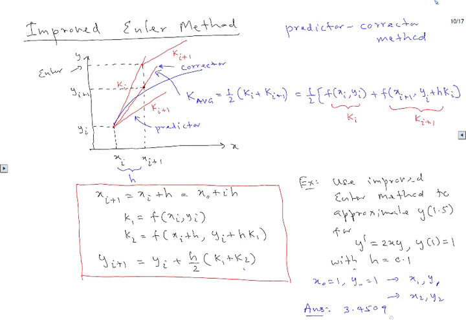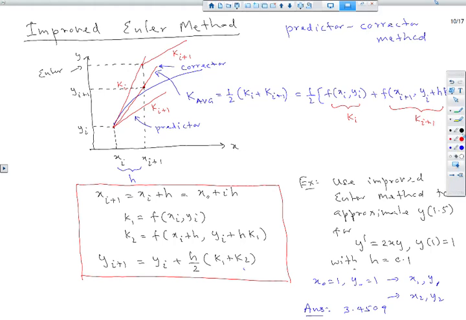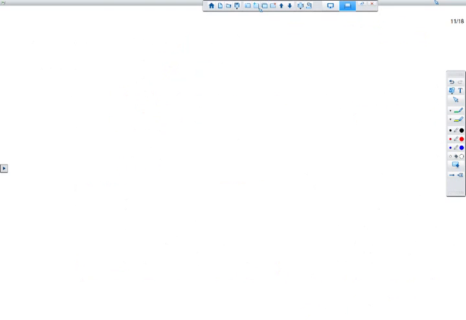Then what we're going to do is go to the most important method. The most important one is what we normally call the Runge-Kutta method. So let's talk about that now. That's the next one, the Runge-Kutta method.